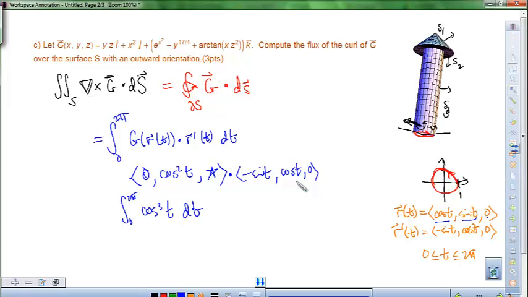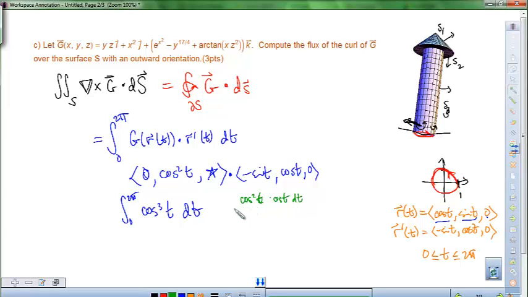Alright, without a calculator, we'll need to do a simple u substitution here, so let's just do the calc 2 work or even calc 1 work that we need for this. We'll split this up into cosine squared t times cosine t dt.